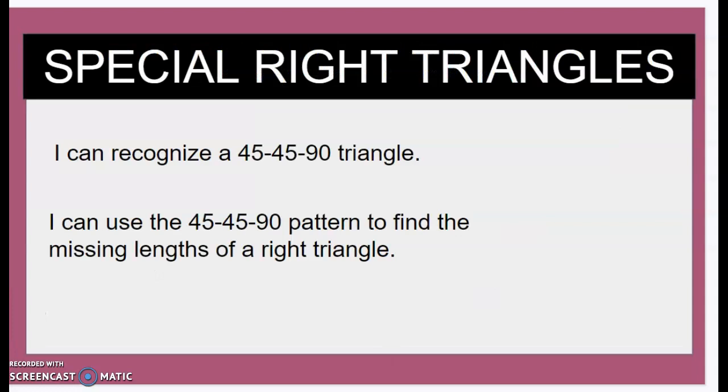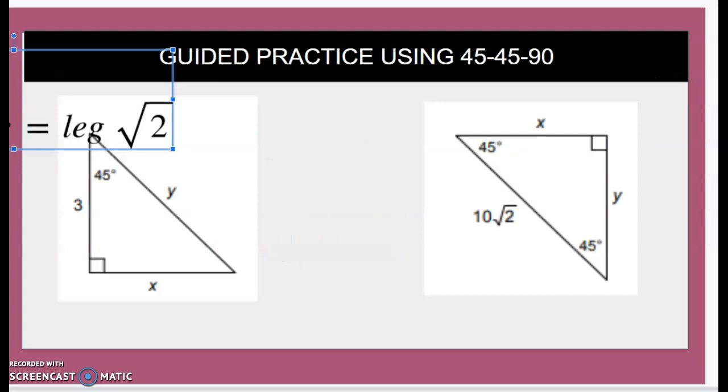So our objective for today is to be able to recognize a 45, 45, 90 triangle, and to be able to use the 45, 45, 90 to find the missing lengths of the right triangle. So now we're going to go over several different types of problems that you will encounter when dealing with the special right triangles and our radicals.